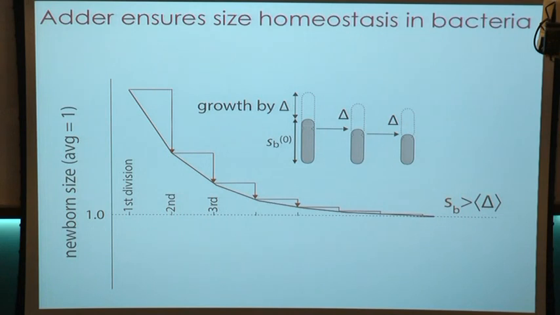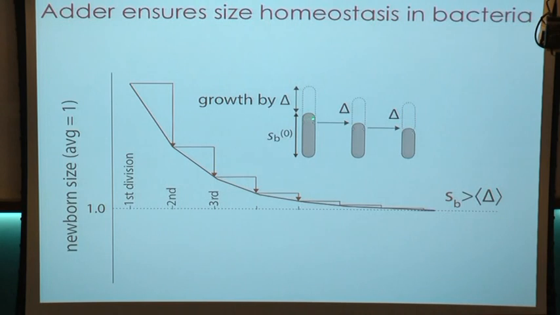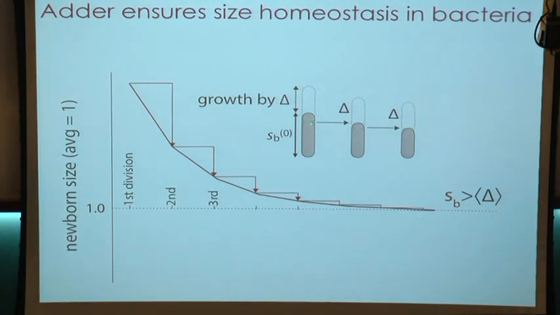Why should we care about the perfect adder? Because if you take it seriously, it ensures the size convergence. Just like the gentleman over there asked at the beginning, imagine an E. coli cell that's born much larger than the population average. The cell adds a constant delta and divides in the middle.